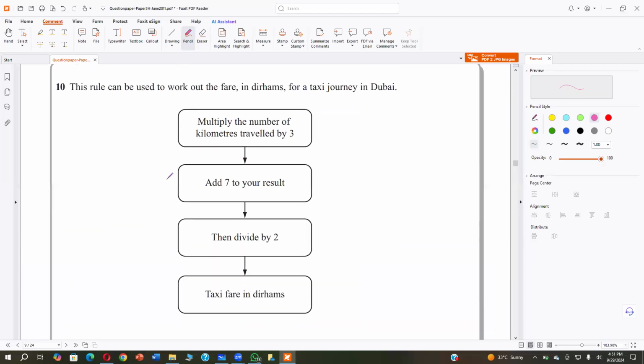Now look at this question. The rule can be used to work out the fare in dirham for a taxi journey to Dubai. Multiply the number of kilometers traveled by 3, add 7 to your result, then divide by 2, taxi fare in dirham.